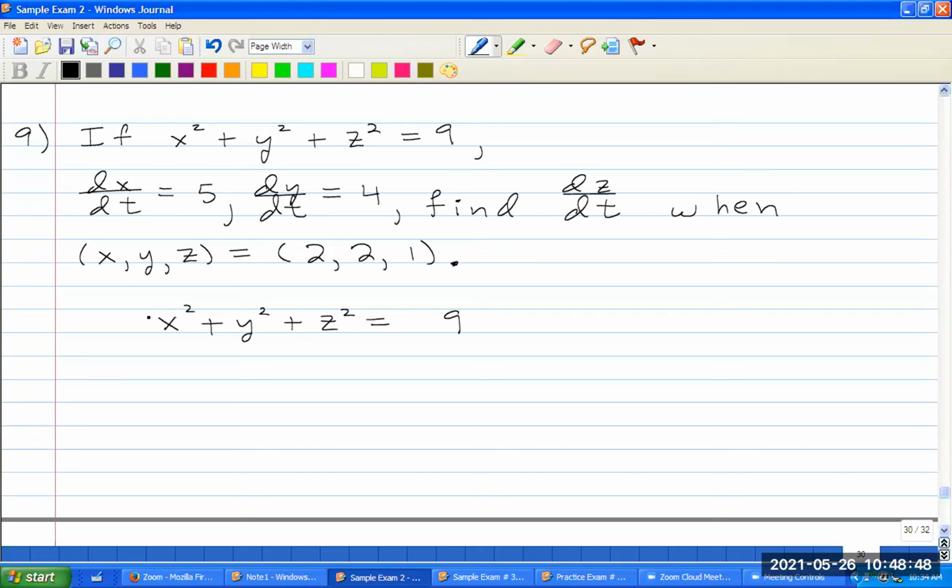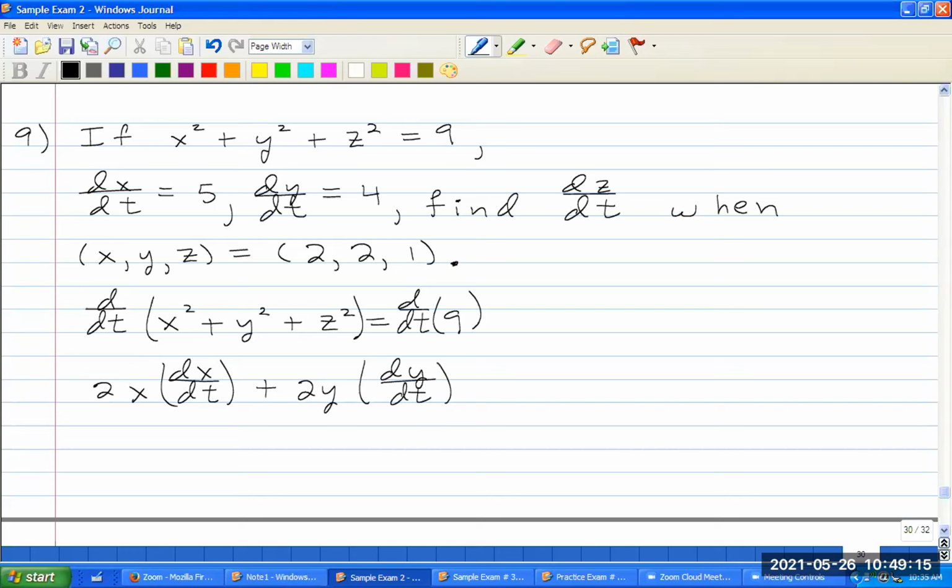So let's take the derivative of both sides of my equation with respect to t. Okay, so I have 2x dx/dt plus 2y dy/dt plus 2z dz/dt equals 0.